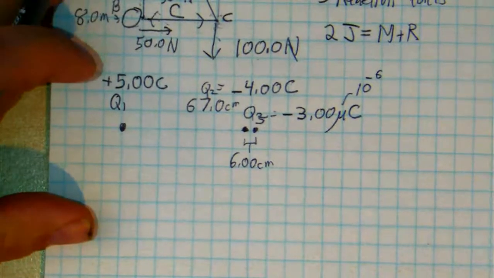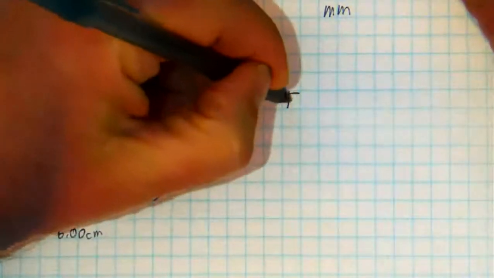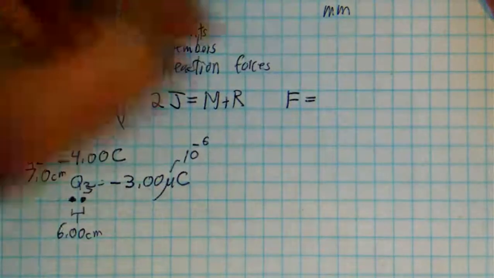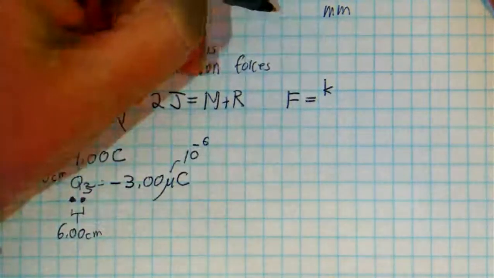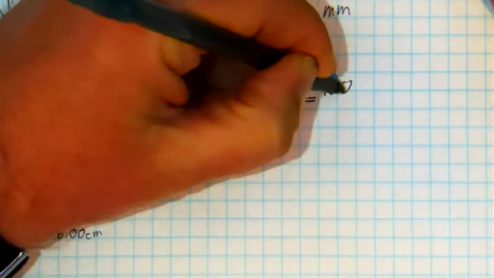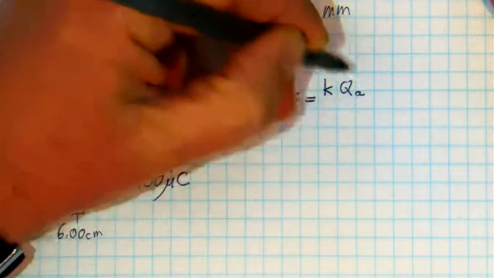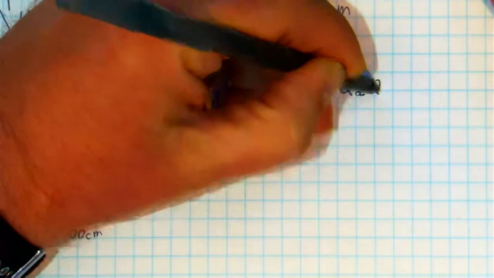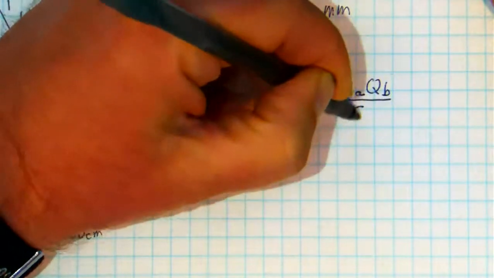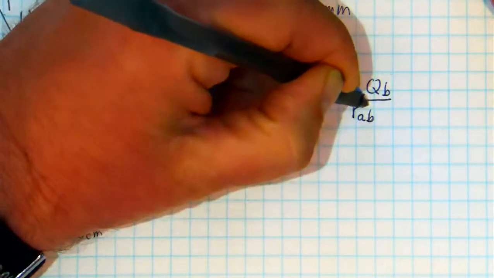All right, so we're going to be using Coulomb's law for every pair of charges. It states it's the product of Boltzmann's constant, lowercase k, times the magnitude of the first charge, I'll call it QA, times the second charge, I'll call it QB, divided by the distance between A and B squared.